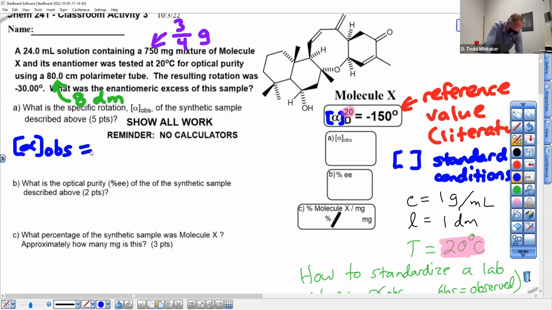The resulting rotation under these conditions was what? Minus 30.